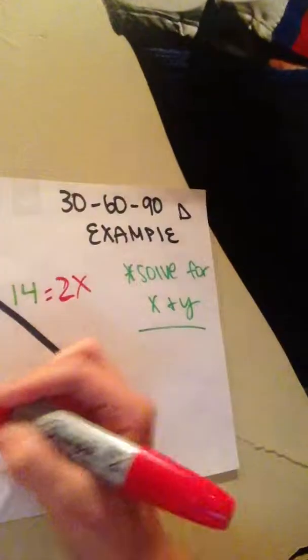And so what you're going to do is try to solve for x first of all. So 2x, and then this is going to be considered x, or it can be considered s, because it's the length between the 90 and the 60. And the length between the 90 and the 30, you're going to call that s times the square root of 3, or it can be x times the square root of 3, whichever you prefer.